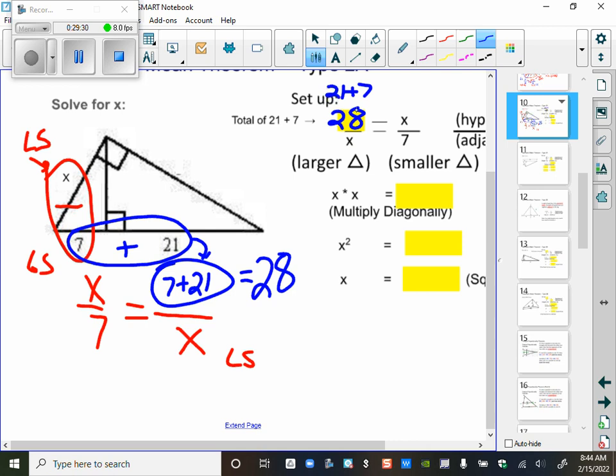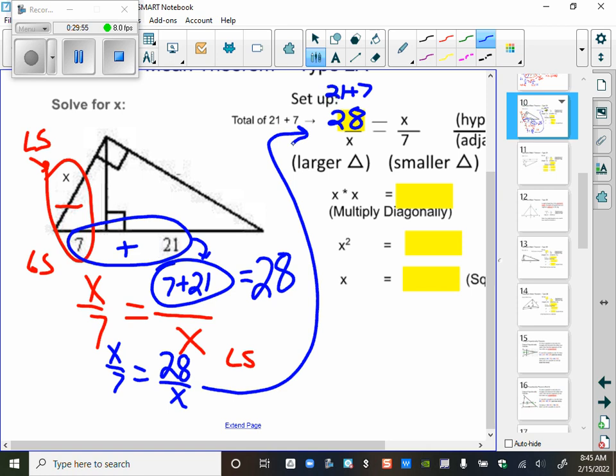You have to take the sum of the other two. And now, do we have our proportion? Can we solve for the x at this point? We can. Now, this proportion here, x over 7, 28 over x. Is that the same as what's up here? Yeah, it's the same.